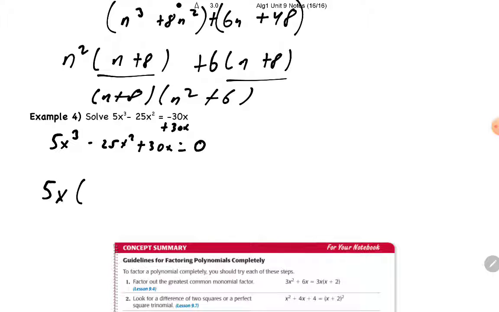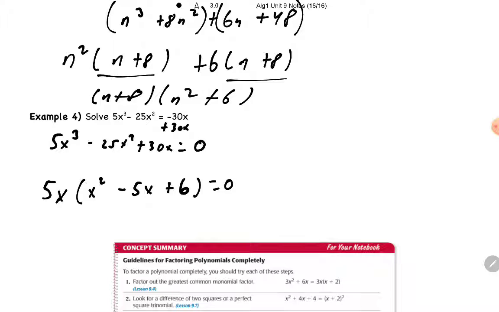So 5 divided by 5 is 1. And then if I take away 1x from x cubed, I'll get x squared. And then I'll get 5x here. 30 divided by 5 is 6. And that's all equal to 0. Alright. Are we done?